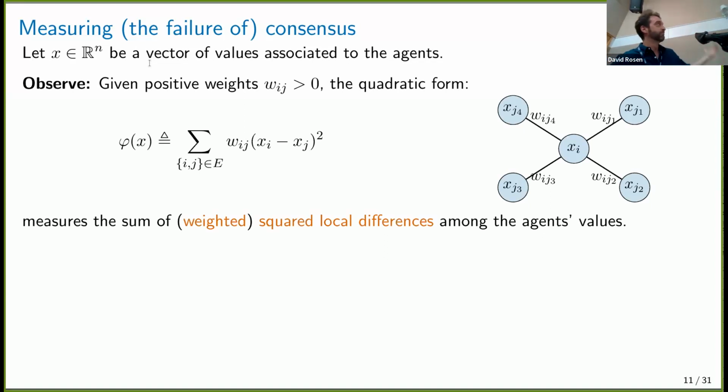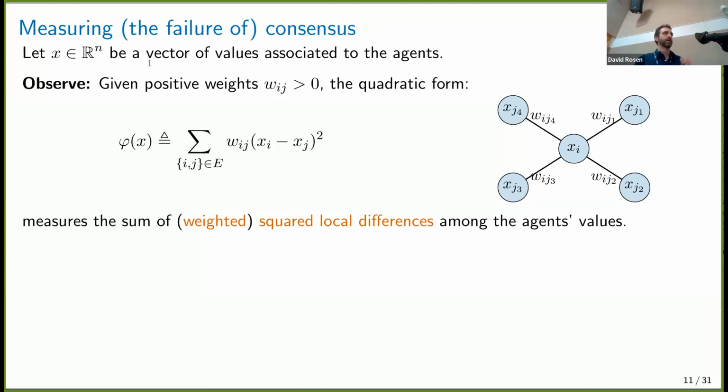Maybe one of the first things I might write down is, I've got some graph structure. Agents on either end of these edges can exchange messages with each other. And so one potential notion of disagreement might be, I'm just going to have agents exchange messages. They're going to compare their own value with their neighbor's value. They're going to take those differences, square them, and sum them all up according to some weighted scheme, let's say.